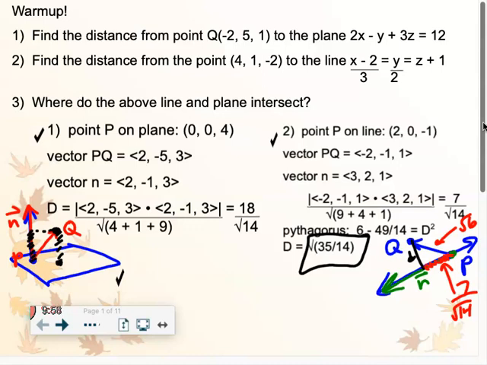Do you want me to use your point? Okay, let's use your point. We'll do it again. So you had 3, 2, 1 for this vector. So for your vector PQ, one of the points had to be 4, 1, negative 2, because that was given. You can't change that.